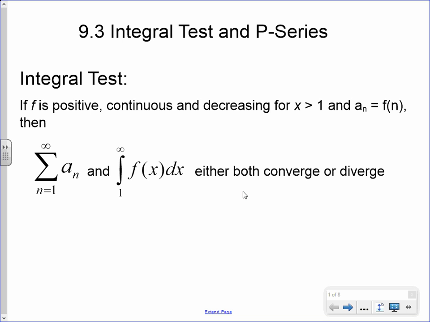F is positive, continuous, and decreasing. Guess what? We have to make sure that those are true for the function in question. Which means I need to see proof that you checked positive, continuous, decreasing.